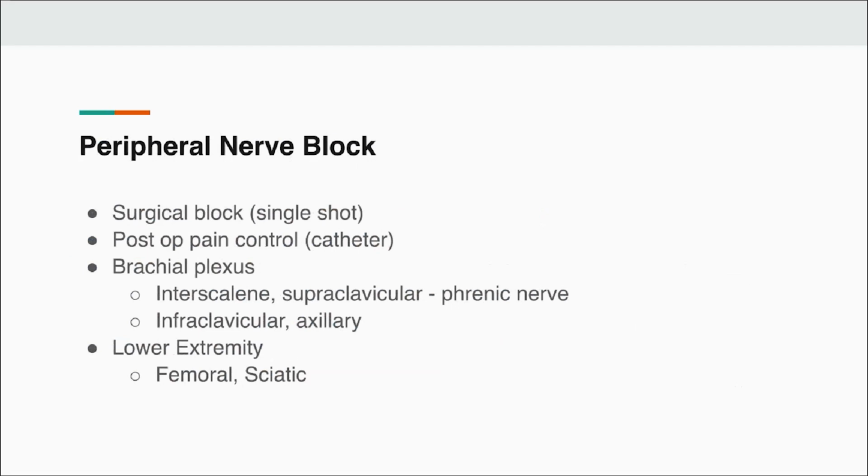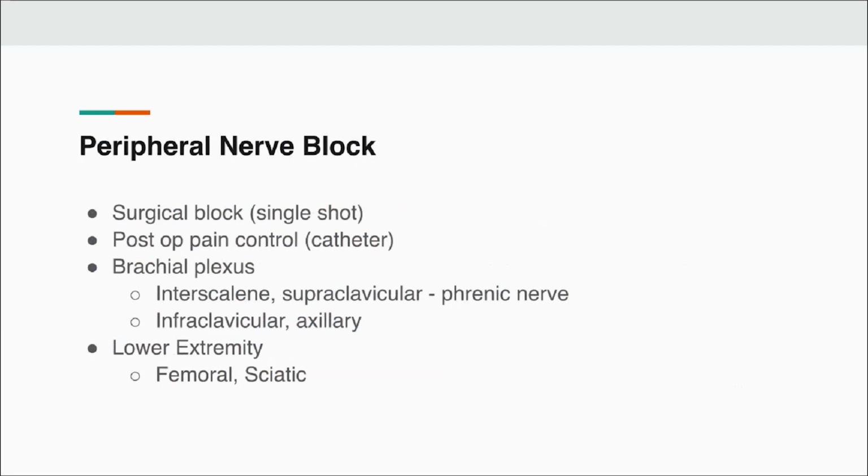And typically we will see a phrenic nerve block, so the elevation of the hemidiaphragm on that side, which could be an issue for patients with pulmonary disease. If that's the case, we go further down the brachial plexus to either an infraclavicular block or an axillary block, which provides anesthesia more distally down the arm and the hand.